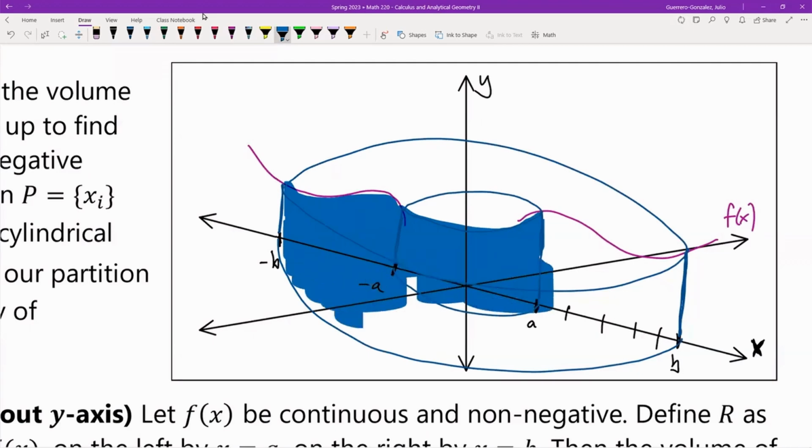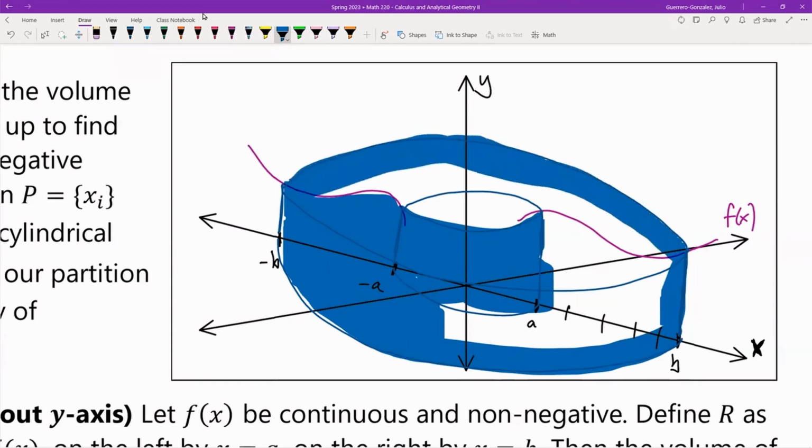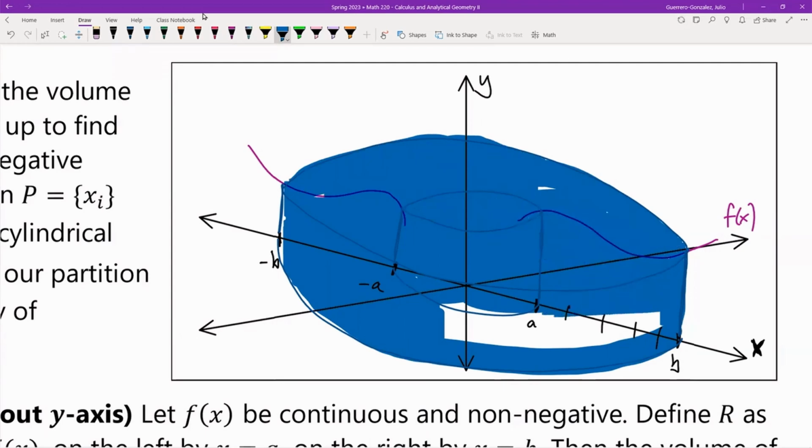Basically this shape right here. Hopefully you guys see what's going on here. Let's shade that thing in right there. There we go. So you have this little, it looks like a sharply edged donut, right? With that hole in the middle, right?